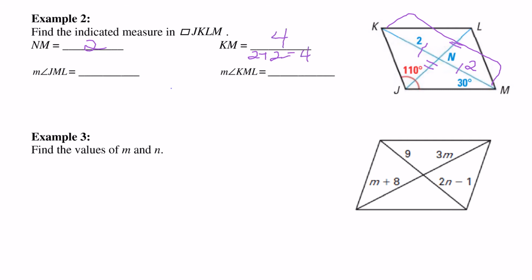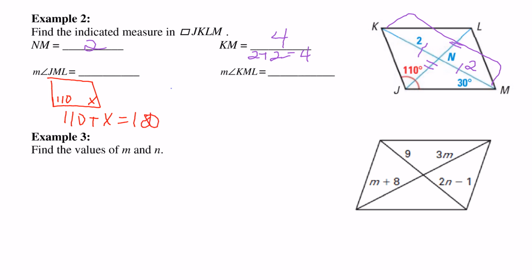So next we're looking at the angles. One thing I want to remember is that our consecutive angles are supplementary. So if this angle right here is 110, and I call the other angle X, I know that 110 plus X has to equal 180 degrees because they're consecutive.